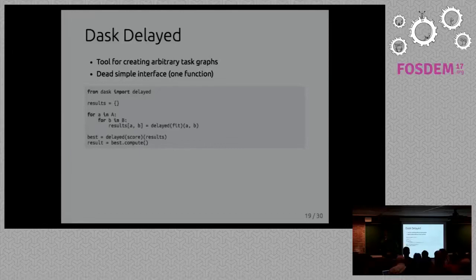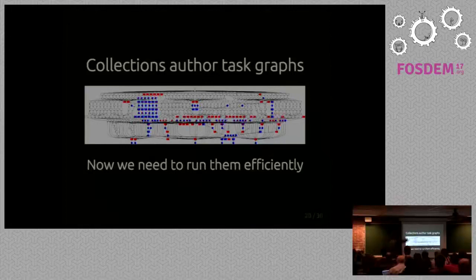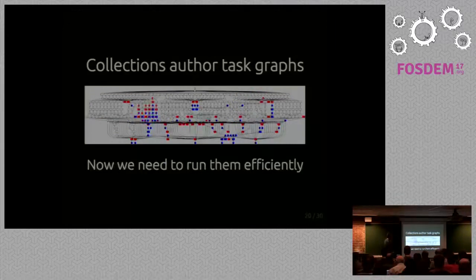By using delayed, it won't execute directly when you run this code, but it will build up the corresponding task graph, and then you can let Dask compute it. So those collections, those Dask data frames and arrays, create task graphs, and then we need to run those task graphs.